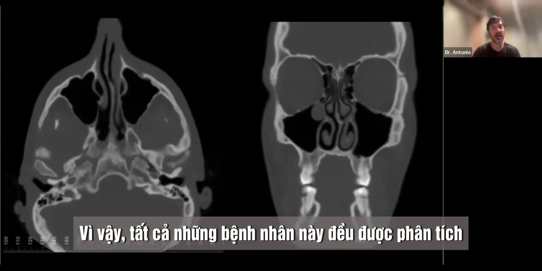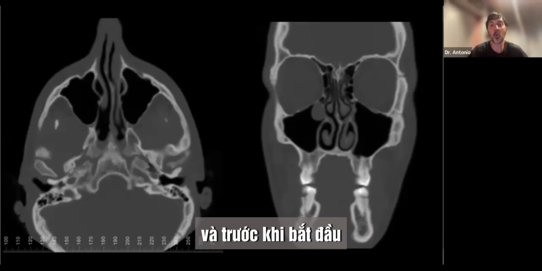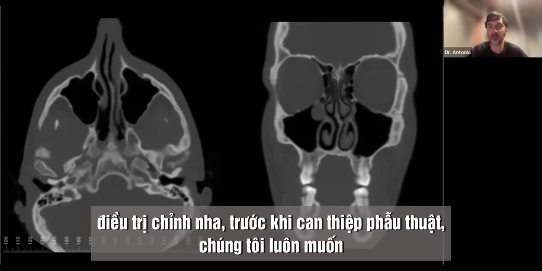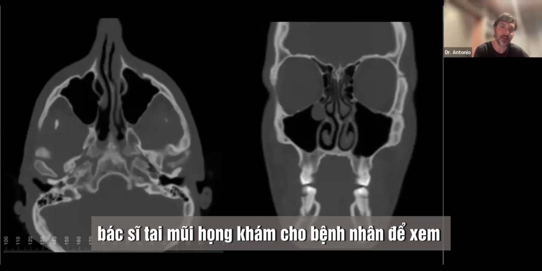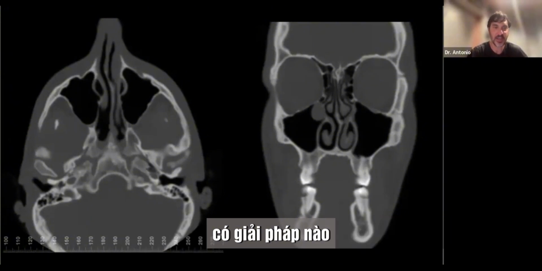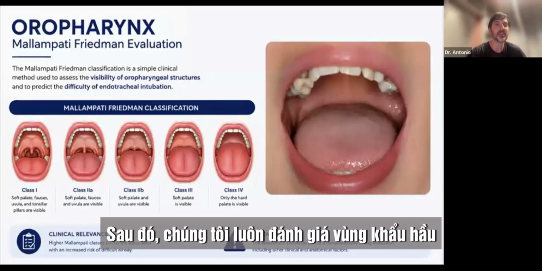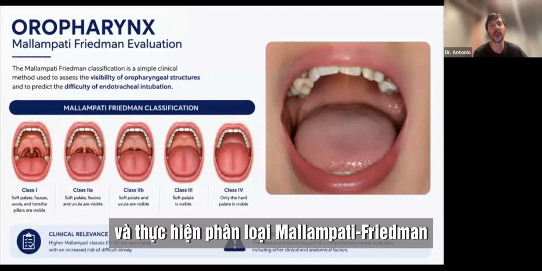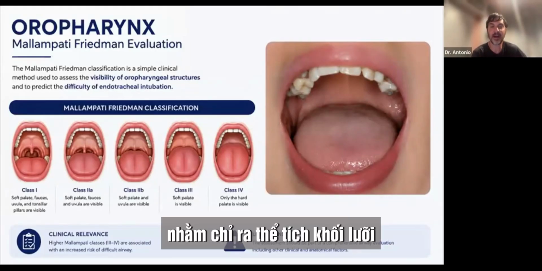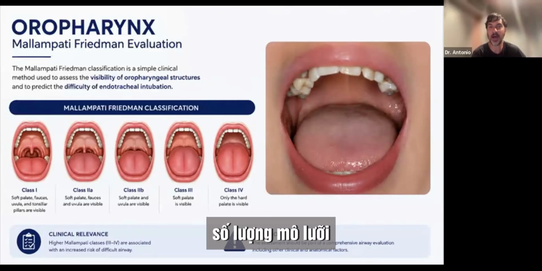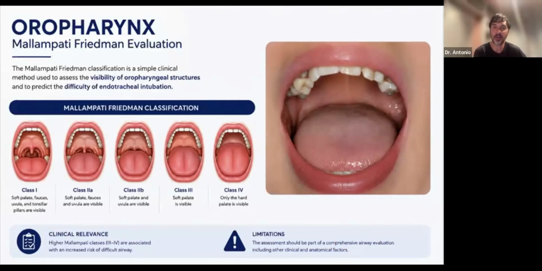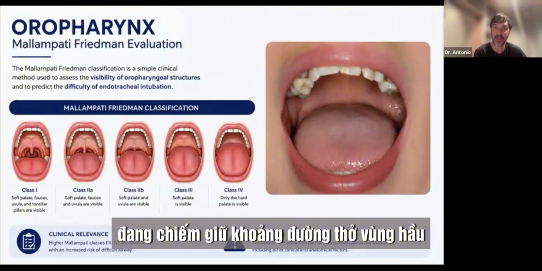So all of these patients are analyzed, and before starting the orthodontic treatment and before doing surgery, we always want the otorhinolaryngologist to see the patient to check whether there is a solution that can improve the result of the treatment. Then we always examine the oropharynx, and we do the so-called Mallampati-Friedman evaluation, which provides an indication of the amount of tongue tissue occupying the pharyngeal airway space.